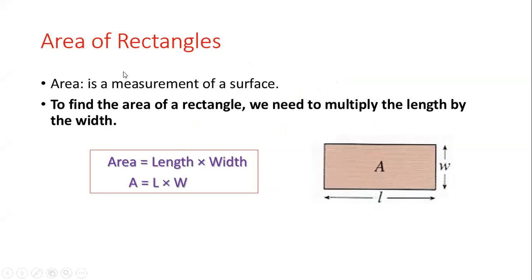What is the meaning of area? Area is a measurement of surface. If we ask you to find area, we are asking you to find the measurement of surface. To find the area of a rectangle, you need to do multiplication.